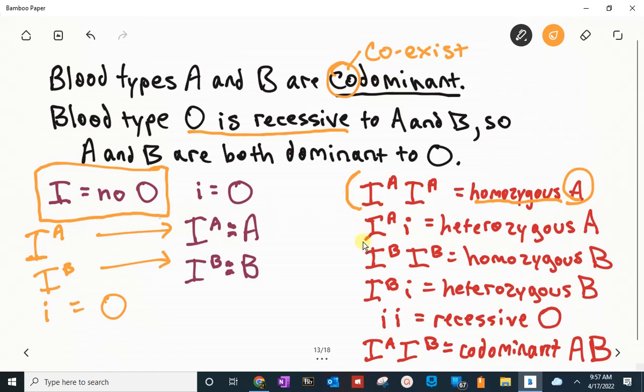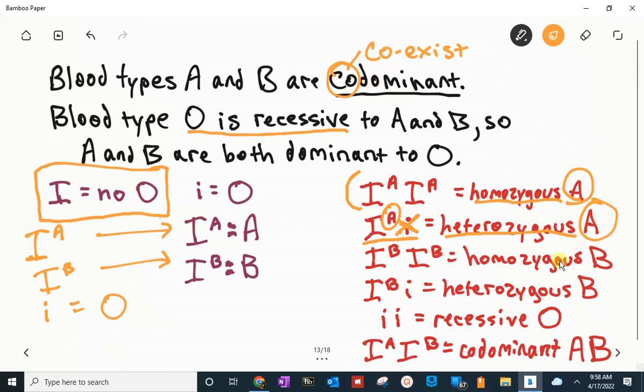You could have I superscript A and a recessive O. So that would be heterozygous, but it would still be A because A is dominant to O. So that silences the O out.